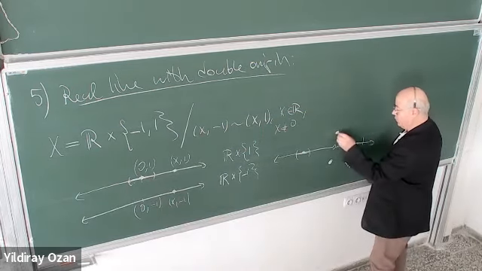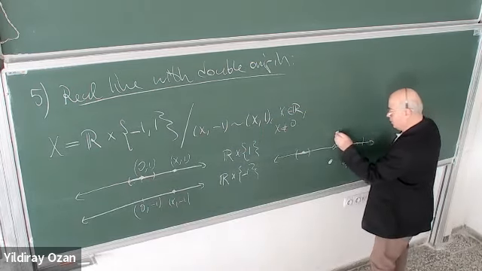It is this point plus two intervals like this, okay? So a neighborhood of this point is this gadget. What about a neighborhood of this point?